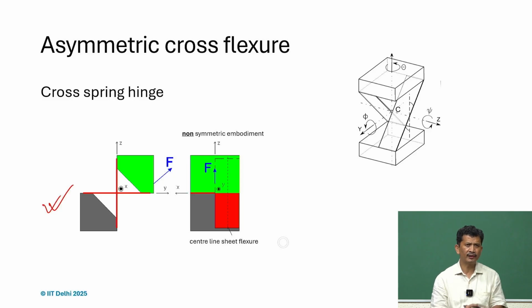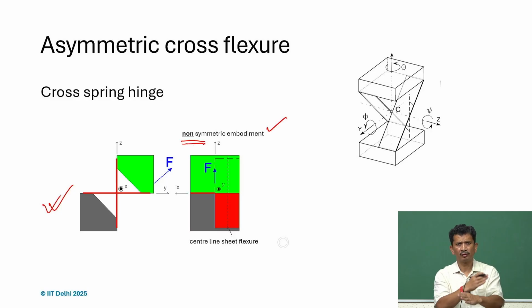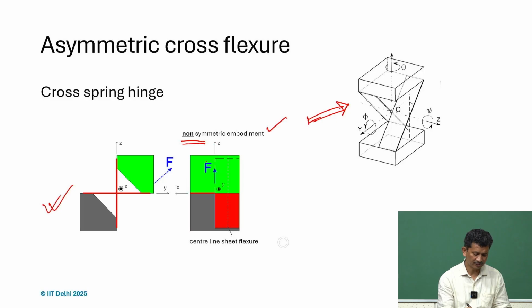Of course, we are talking about the symmetric case initially. Symmetric because the lengths are the same for the two parts, and it looks symmetric in 2D, but when we try to fabricate, we realize that the embodiment is not symmetric. It's on top of each other. So I think this is the correct depiction. In the isometric view, two sheets cross each other, and this will be the preferred direction FZ.